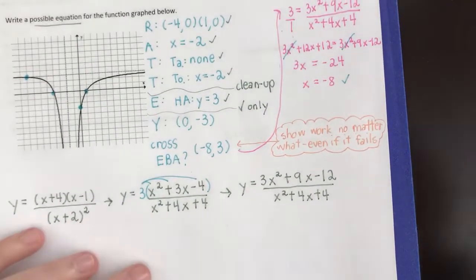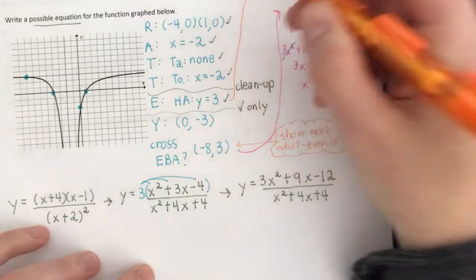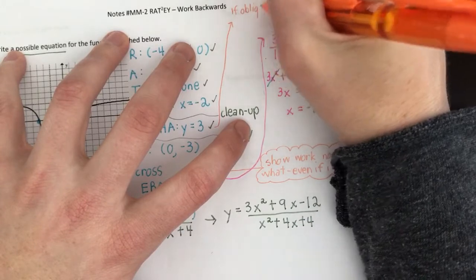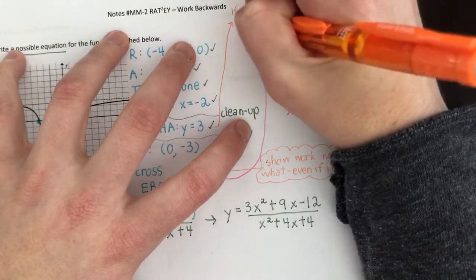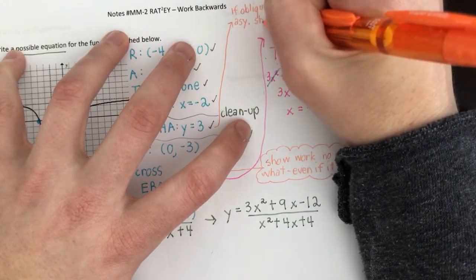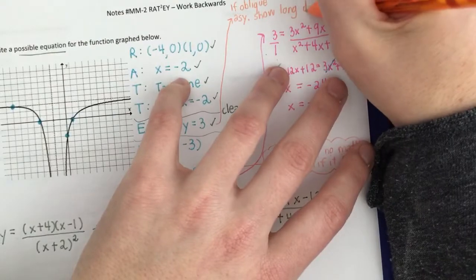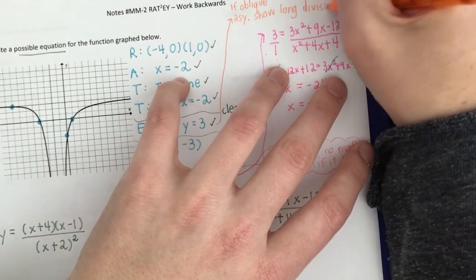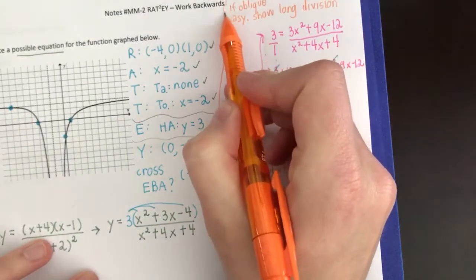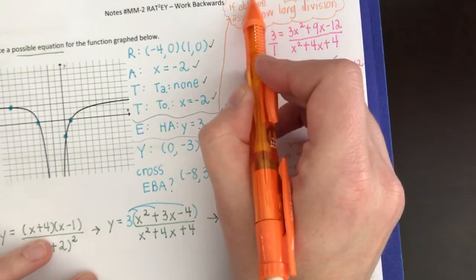And then similarly here, make a note: if there's an oblique asymptote, show long division. So similarly, we have to prove. So take your equation and divide.